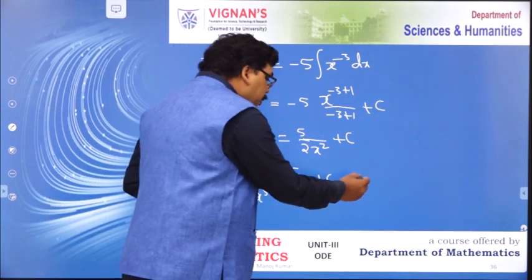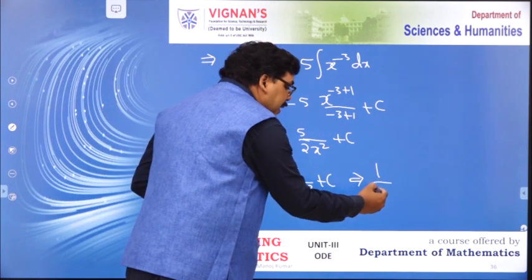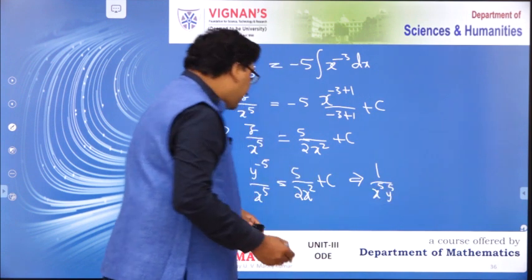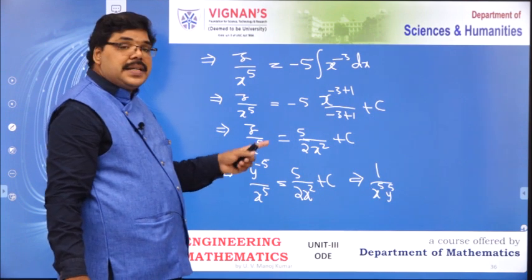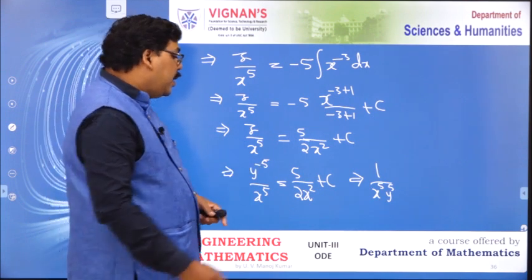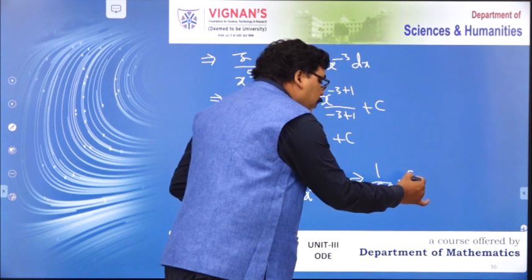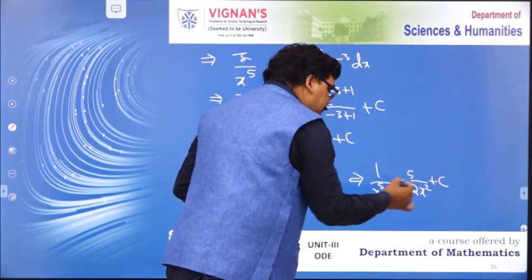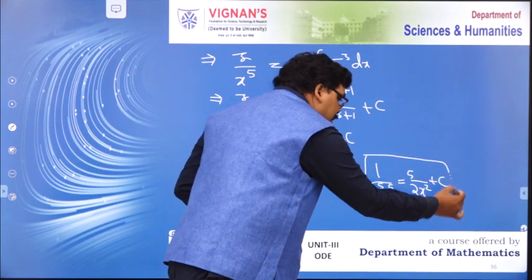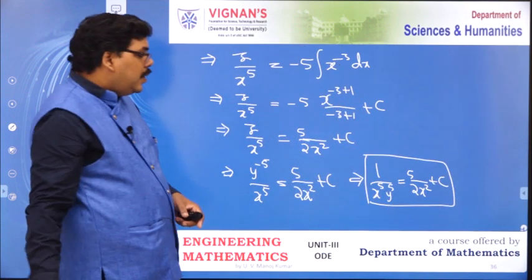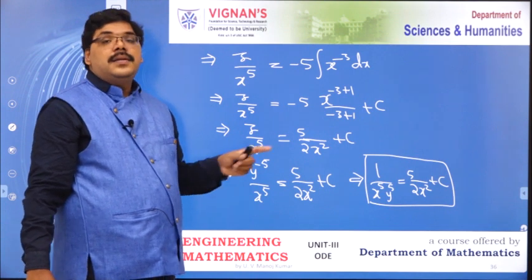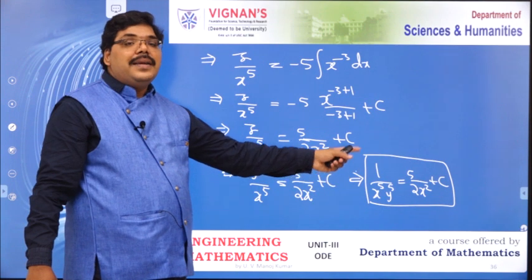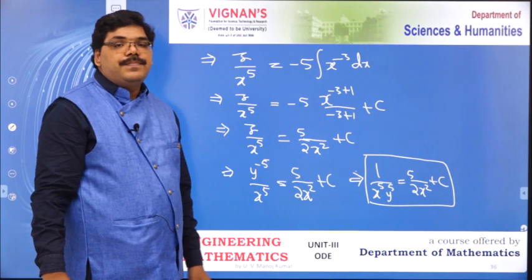Or simply y power minus 5 can be written as 1 by y power 5, so 1 by x power 5 y power 5 equals to 5 by 2x square plus c. This is the solution for the given Bernoulli's differential equation.